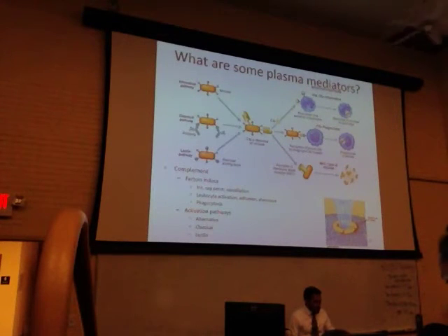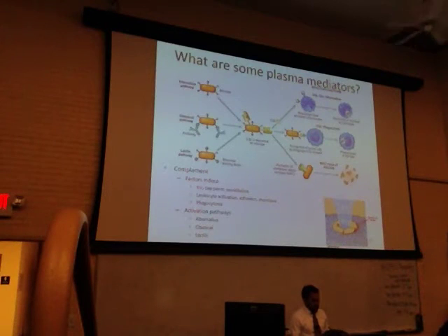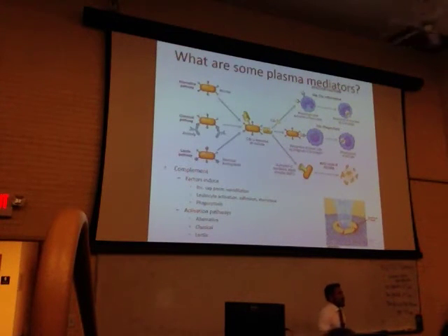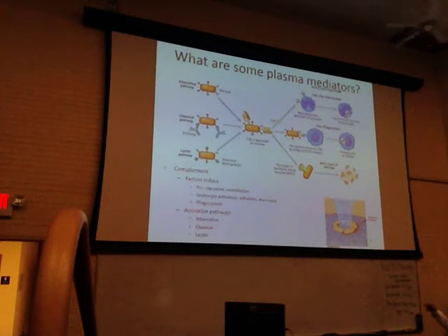And when they're stimulated, they actually cause proteases in the system to cleave specific proteins so that they release other cytokines and allow new cascades to take place. So let's take a look here. So this is complement C3b. This is complement C3a.